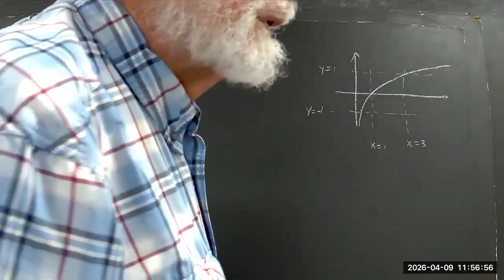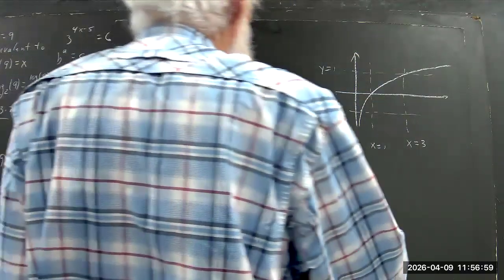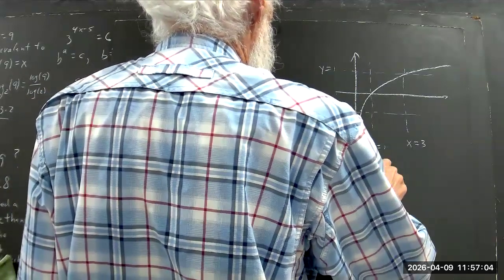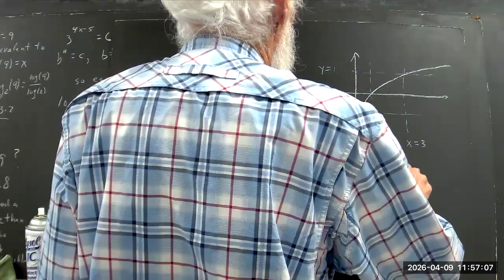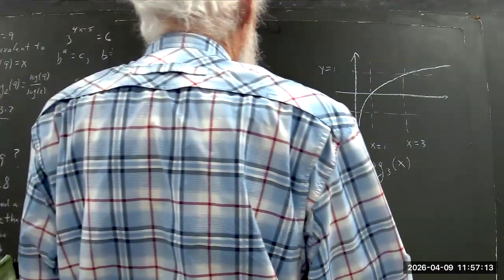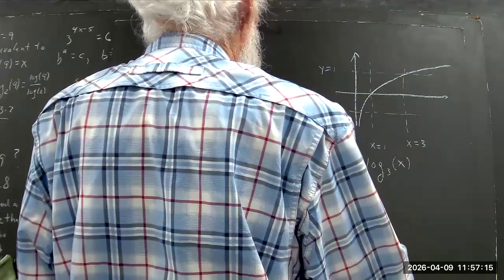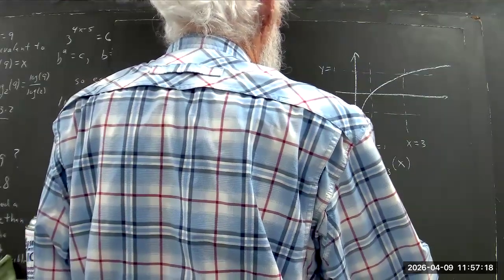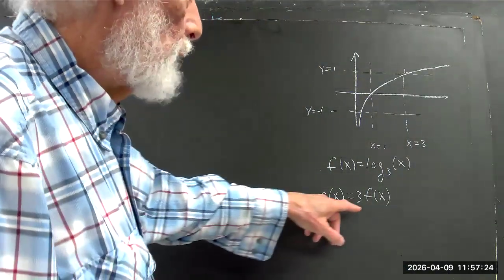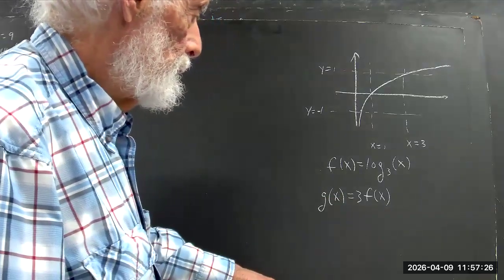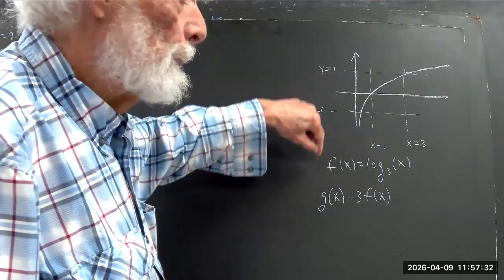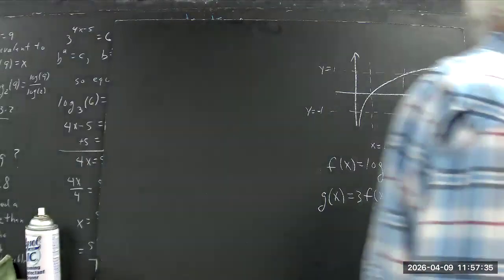So there's kind of the bones of this graph. What would the graph of g of x equals 3f of x look like?